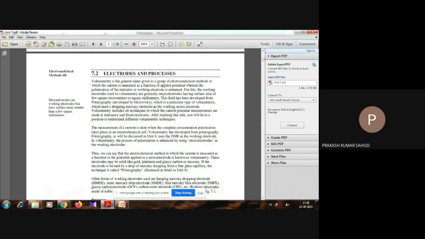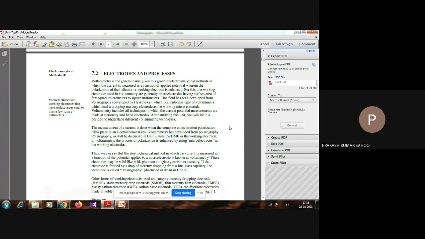So what are the different electrodes and processes involved in voltammetric analysis? From its general name, it is given to a group of electroanalytical methods in which current is measured as a function of applied voltage. So here current means in ampere.